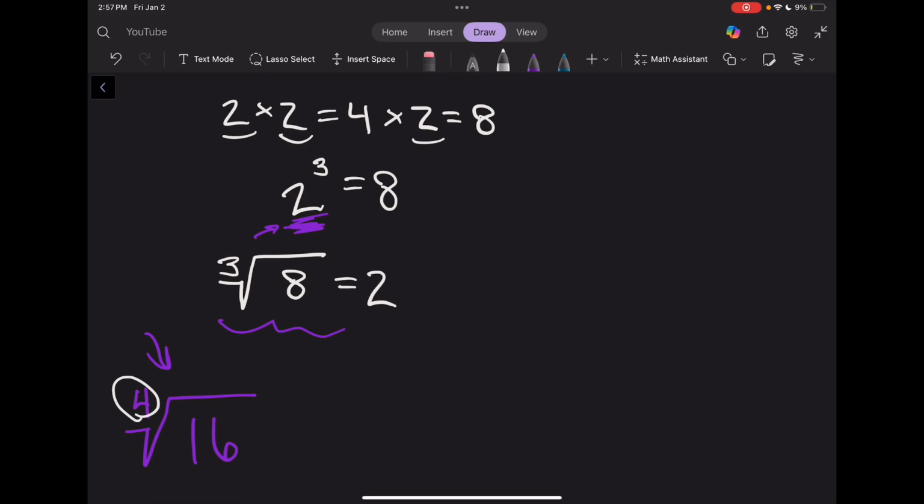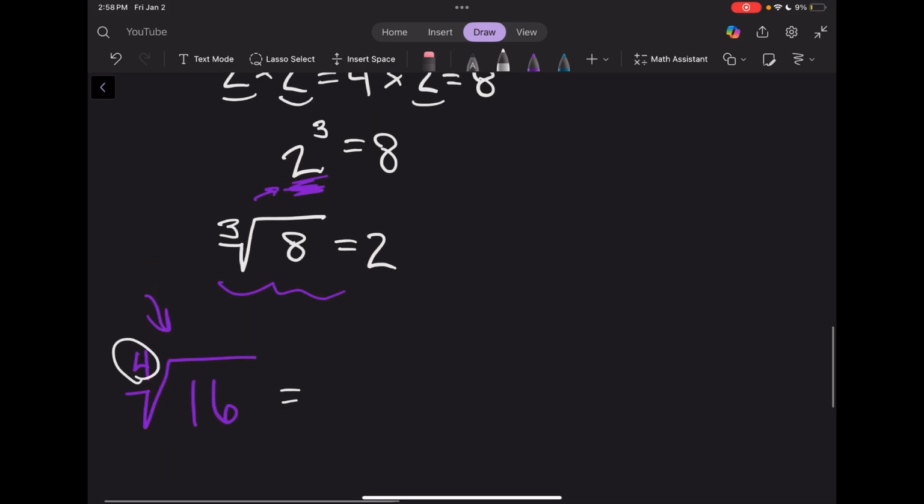There's a 4 here, so essentially we're asking what number to the fourth power gives us 16. We know that 2 to the third power gives us 8. So 2 to the fourth power gives us 16. So our answer is 2.